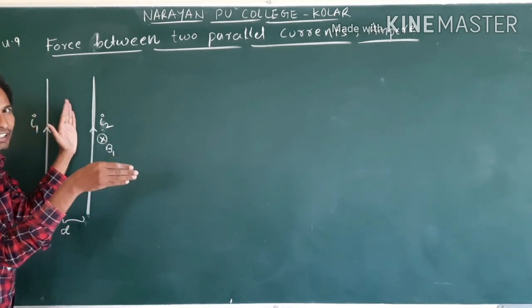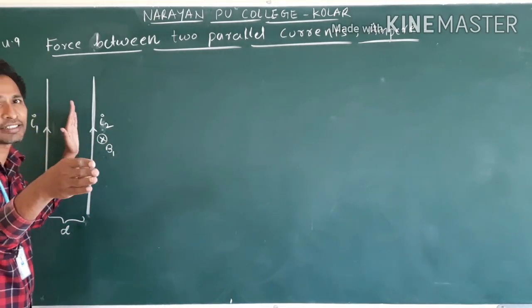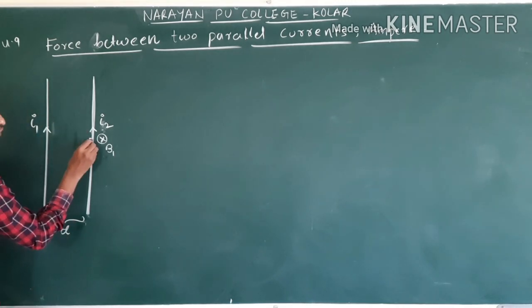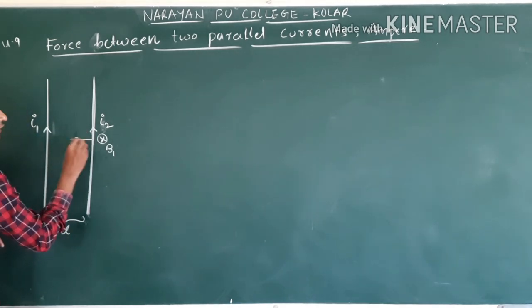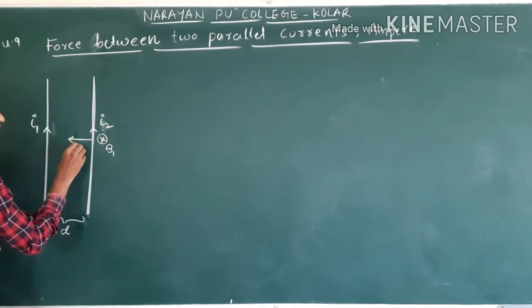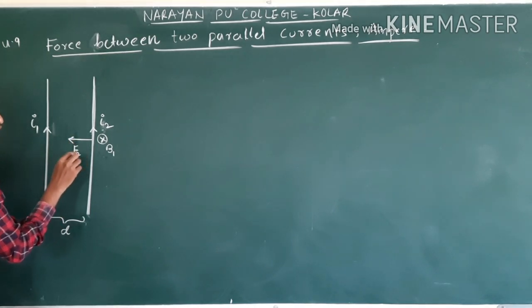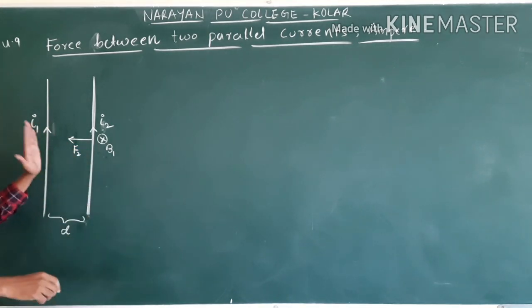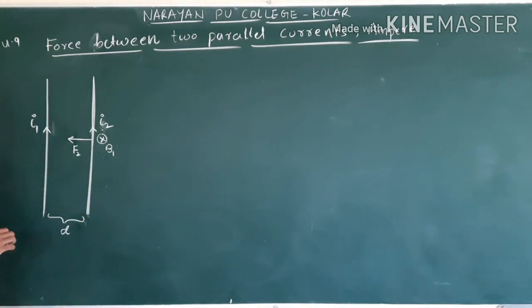When a current carrying conductor is in a magnetic field, it experiences force. So this conductor experiences force in this direction. This is F2, the force experienced by the second conductor. This is the first analysis.